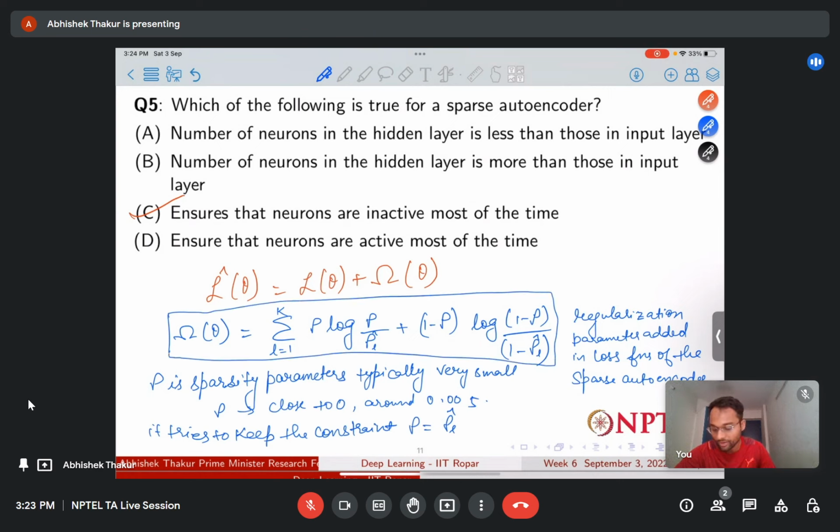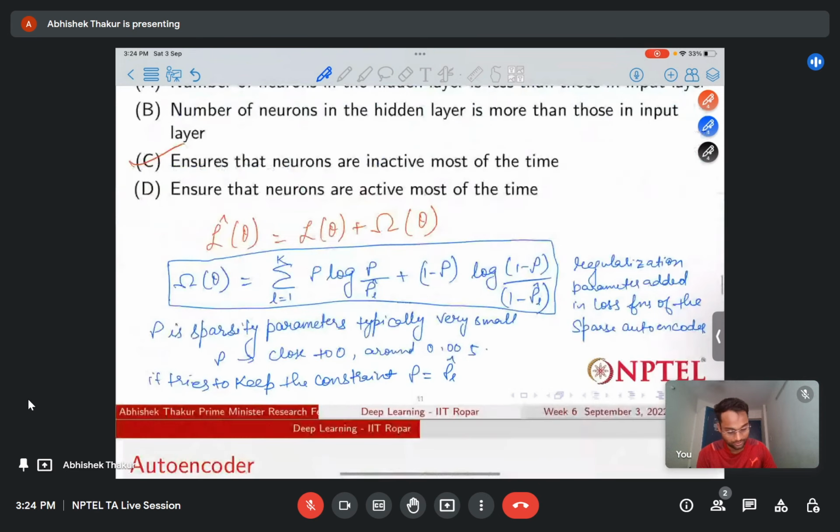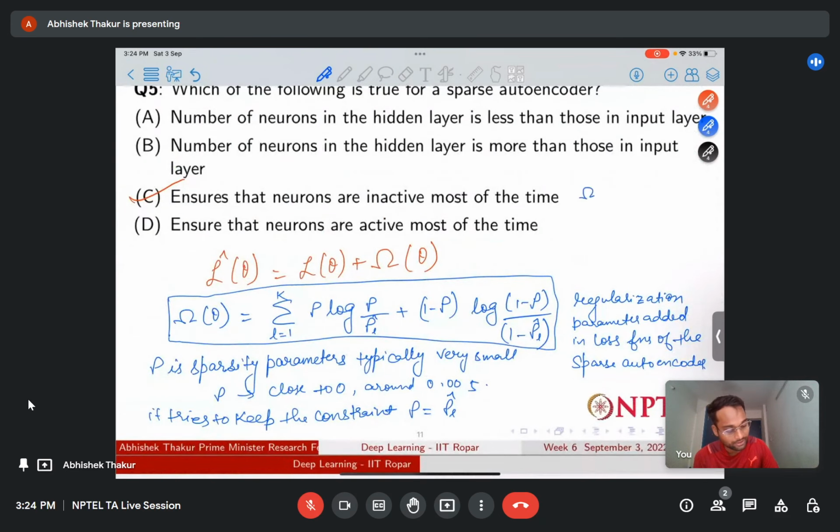So this omega theta will be minimum when rho l hat is equal to rho. Okay. So these are the important things in the sparse autoencoders.